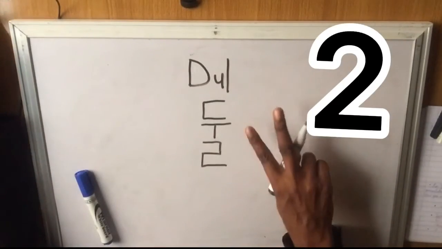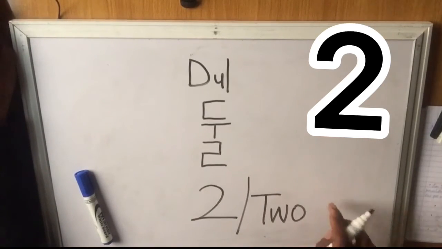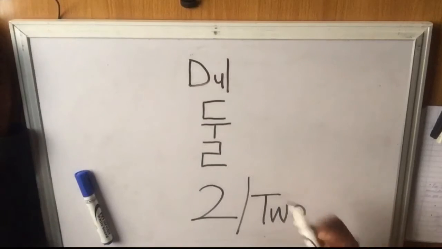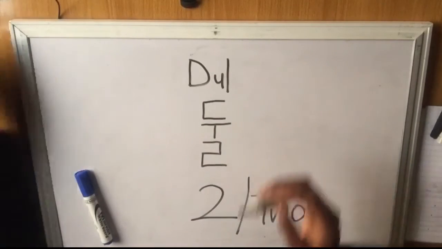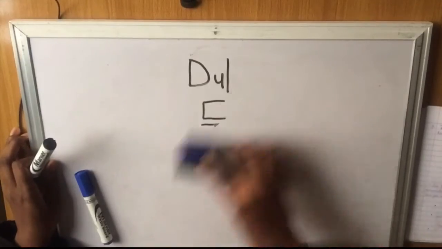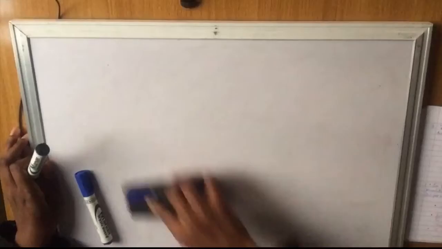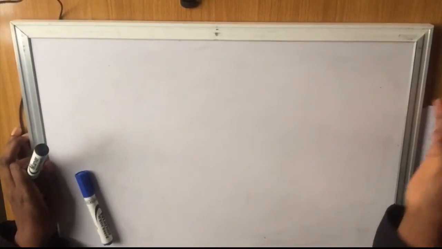The number 2. Number 2 is 둘. Please, you guys should try and remember all these words so that you can be able to use it when you're done with learning all the Korean alphabets, and then you try writing them by yourself.